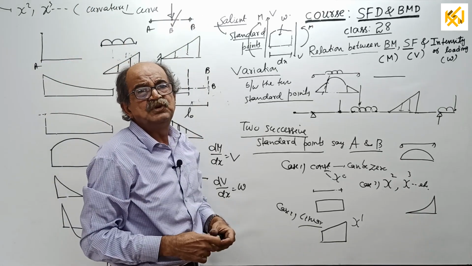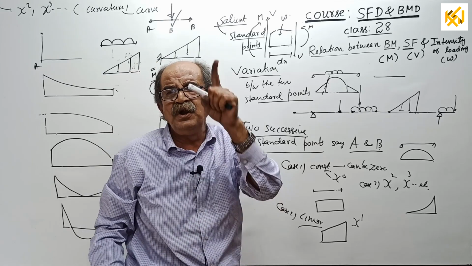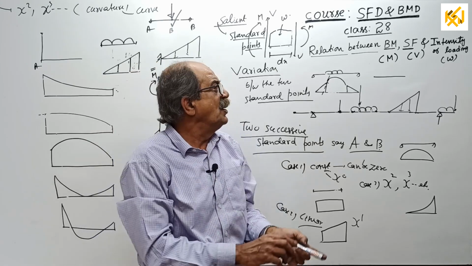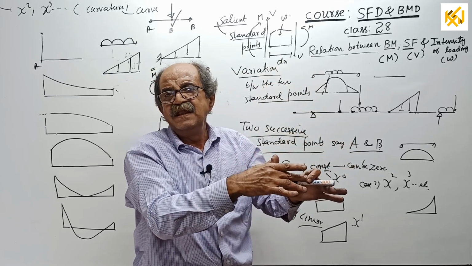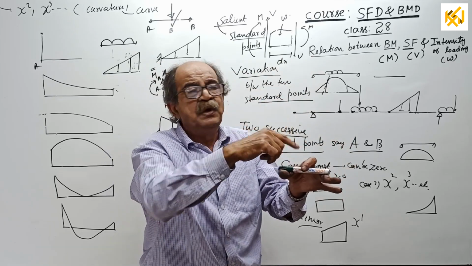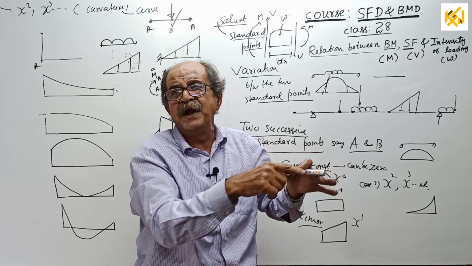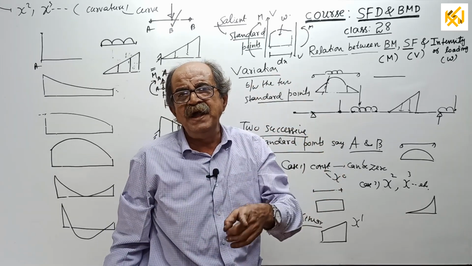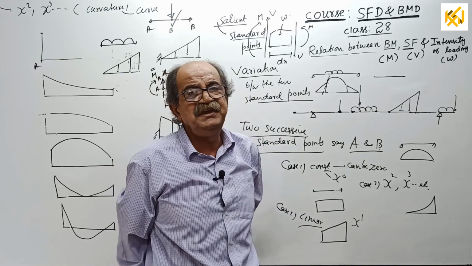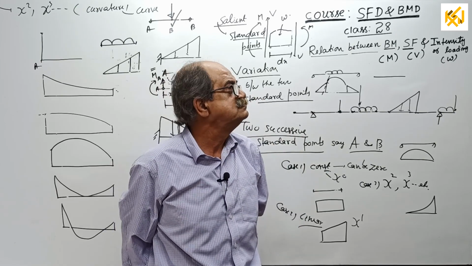So, between two standard points, a point load cannot come. Because if a point load comes between two standard points, then that also will become standard. Like I told, a standard point is like an official bus stop, where the bus will stop.